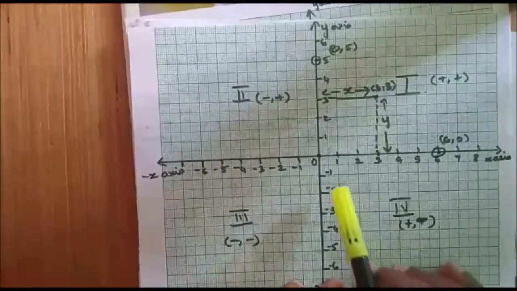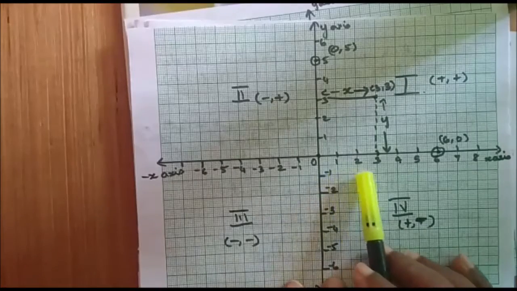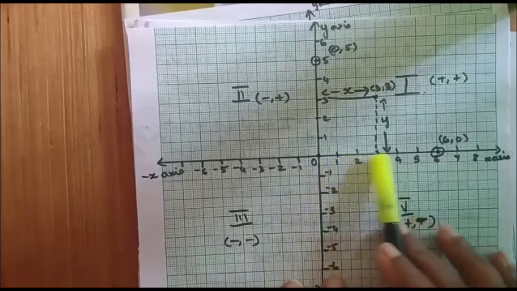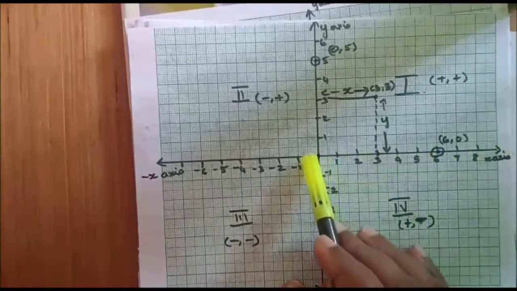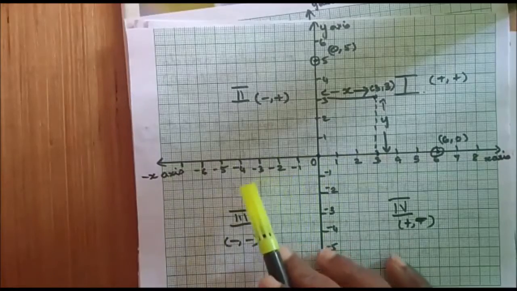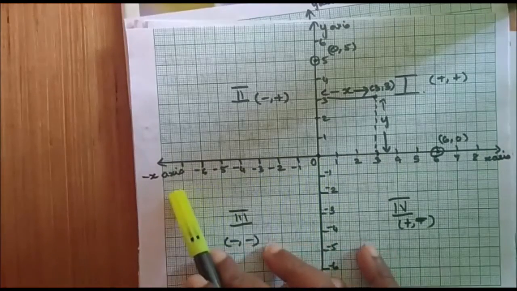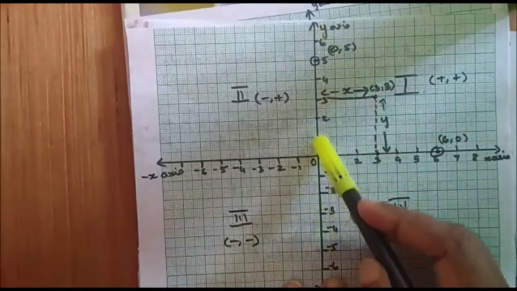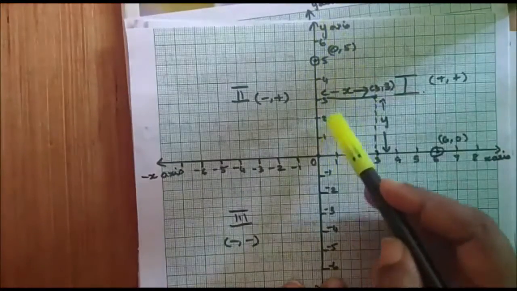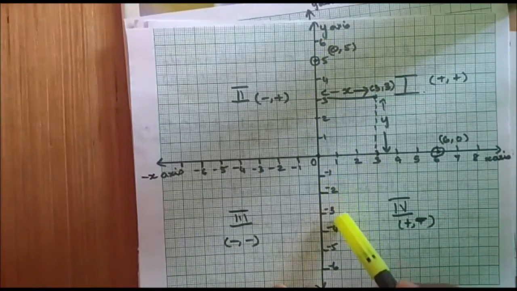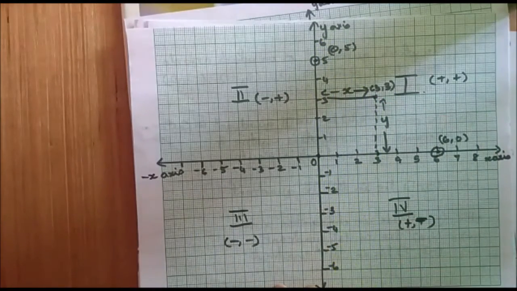Now let us mark the numbers 1, 2, 3, 4, 5, 6, 7, 8. This is the x-axis and this is the negative x-axis: -1, -2, -3, -4, and so on. Similarly, this is the y-axis and this is the positive side of the y-axis: 1, 2, 3, 4, 5, 6. This is -1, -2, -3, -4, and so on.